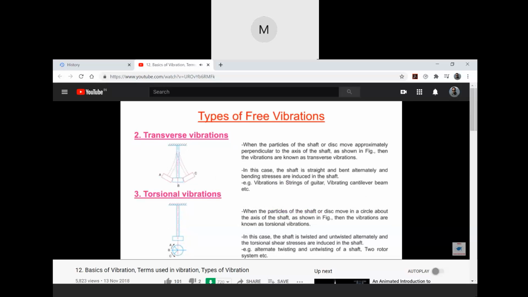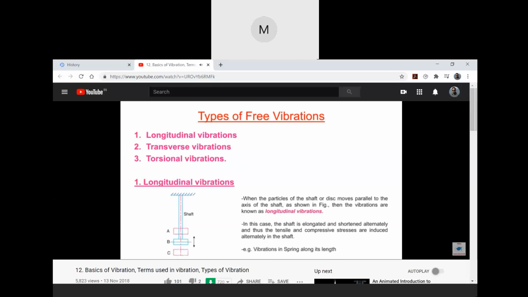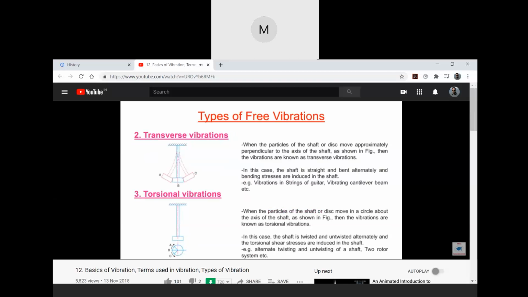Second is transverse vibration, when the particles of shaft or disc move approximately perpendicular to the axis of shaft. Previously, what I told you: parallel to the axis of shaft, vibrations are longitudinal. Perpendicular to the axis of shaft, vibrations are transverse.